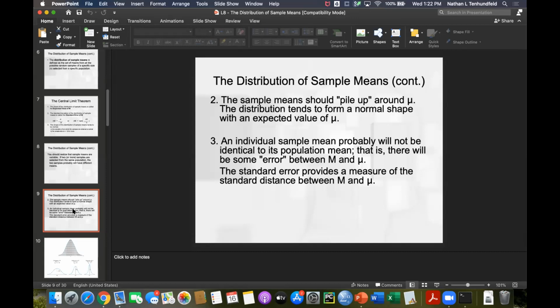And again, any individual sample that you pull is not going to be identical to its population mean, which is indicative of some error, right?